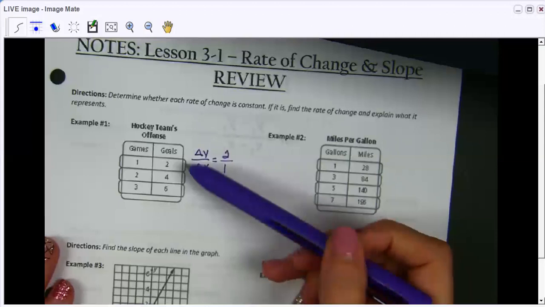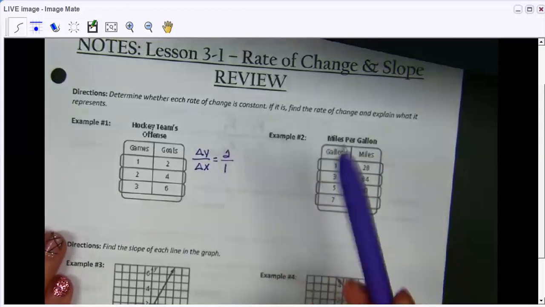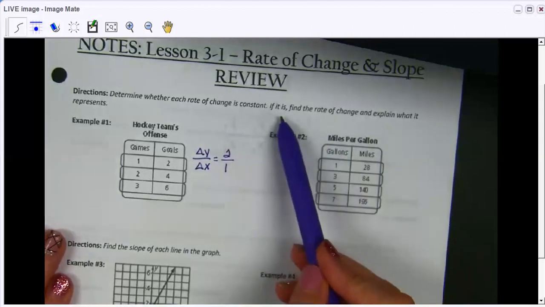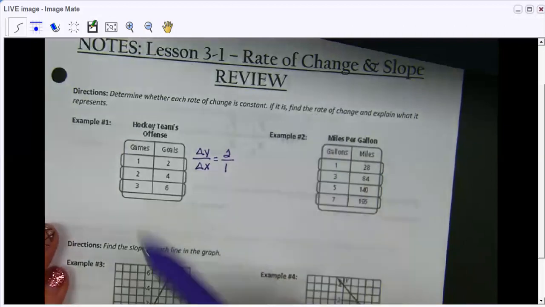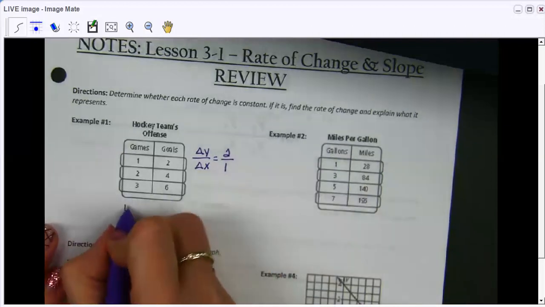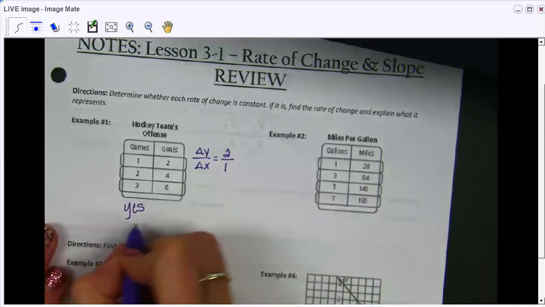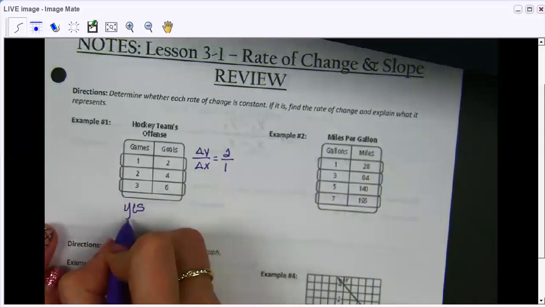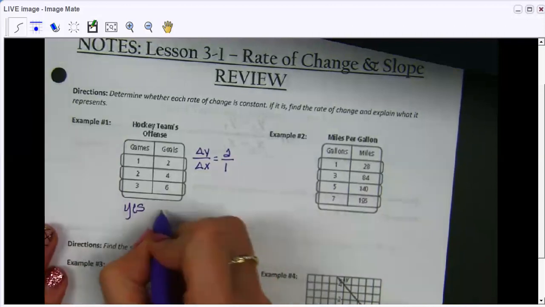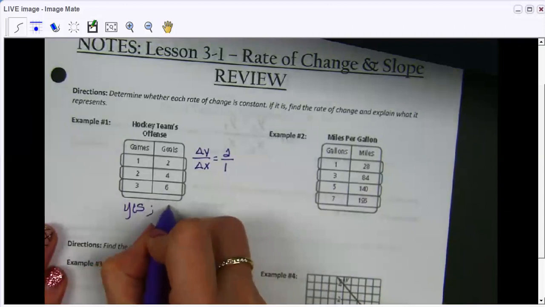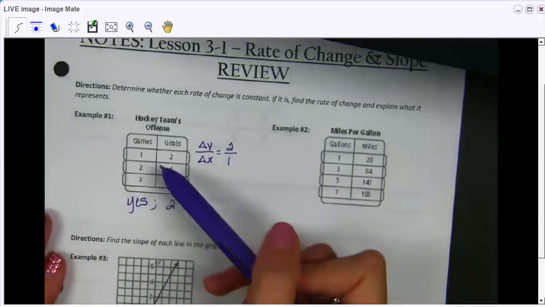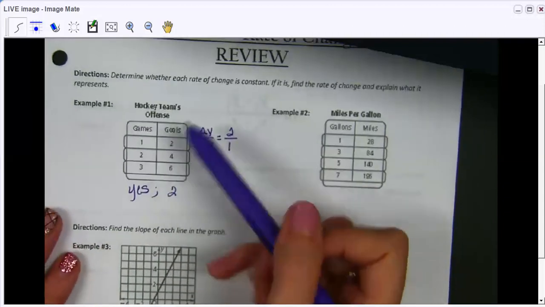And so if it is, we're going to find the rate of change. So the answer is yes, and 2 is the rate of change. And then we need to explain what this means.